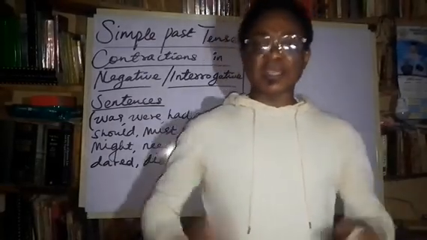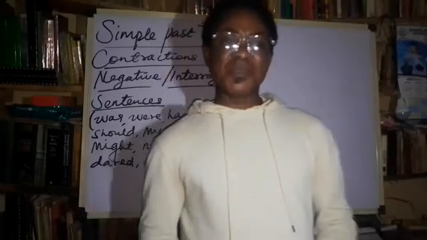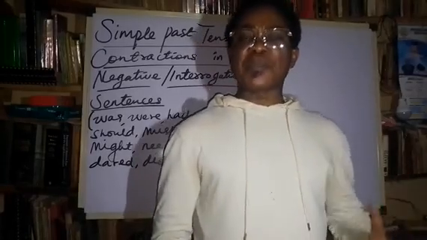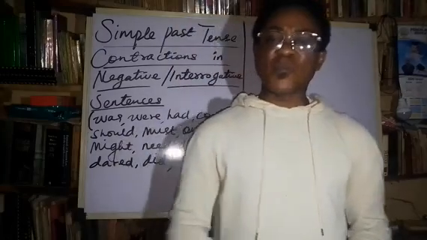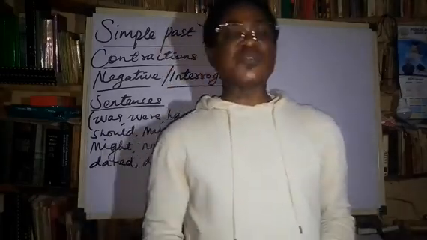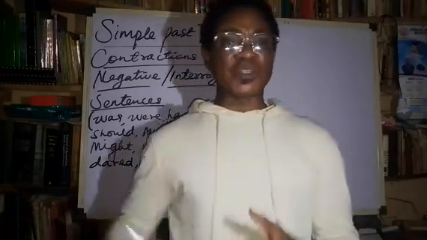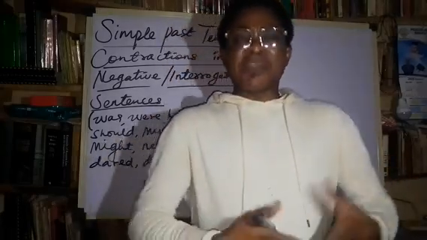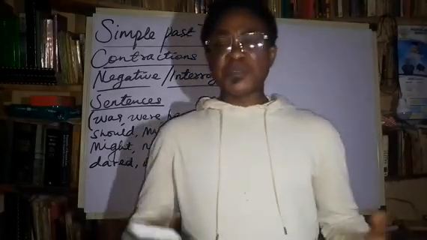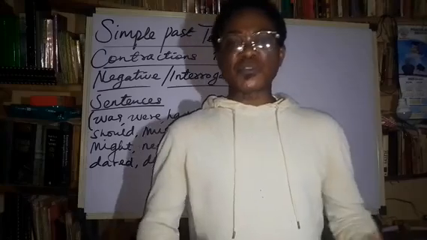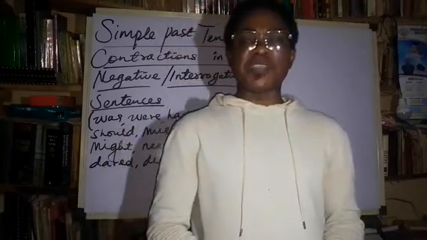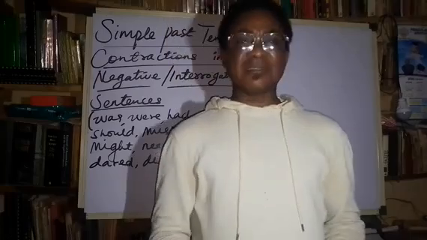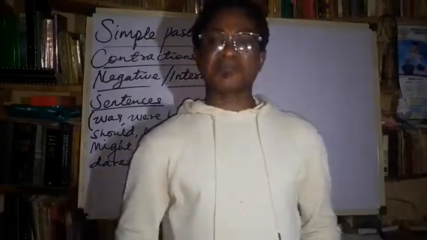There are two classes of auxiliary verbs. The first class is known as the primary auxiliary verbs, while the second class is referred to as the modal auxiliary verbs. Whether primary or modal, the auxiliary verbs alone, among all the verbs in English language, are able to contract, are able to form their own negatives, are able to form their own question or interrogative forms.